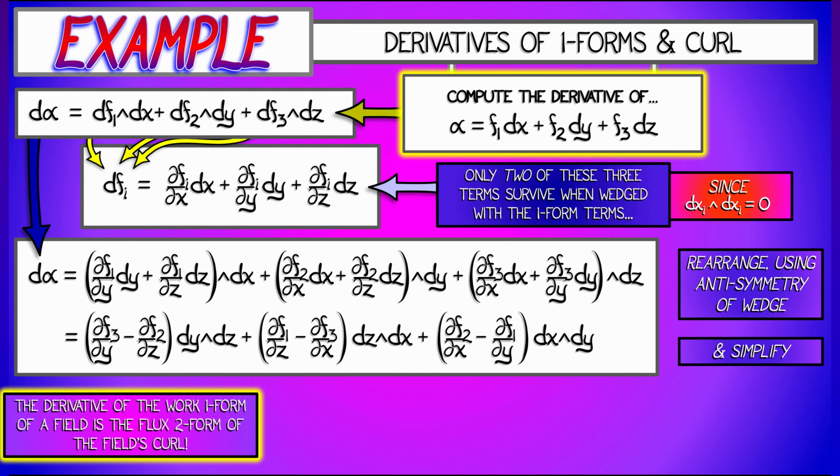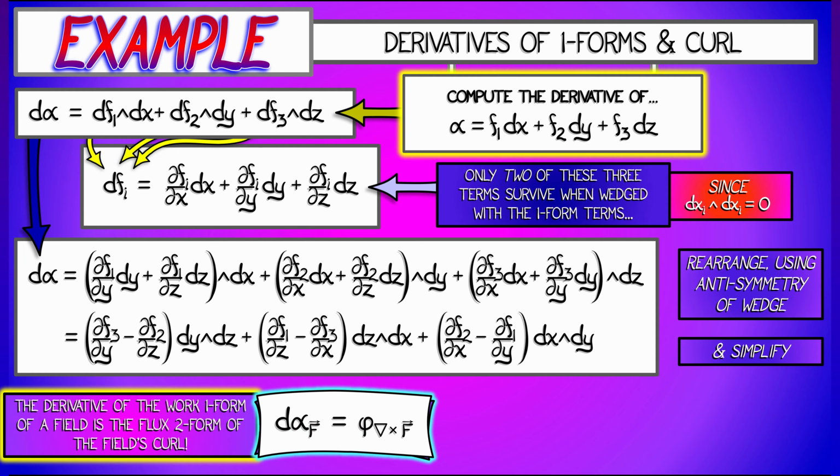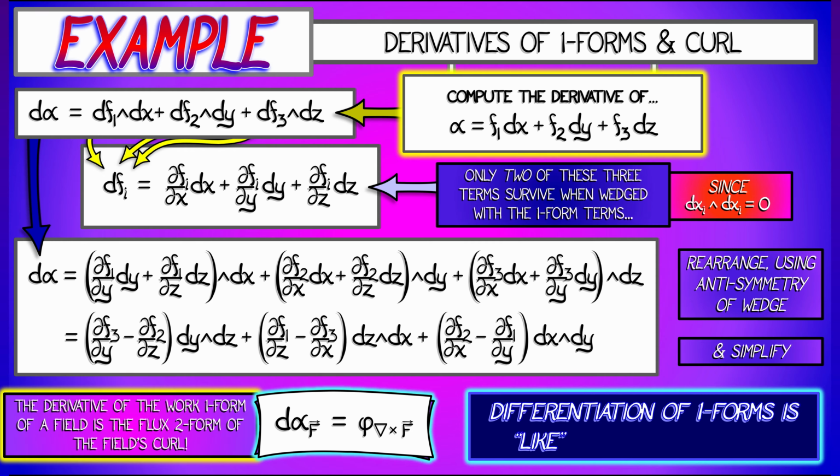More specifically, if we interpret alpha as the work one form associated to a vector field f that has components f1, f2, f3, then the derivative of this work one form is the flux two form of a certain vector field. What vector field? It is the curl of what we started with.